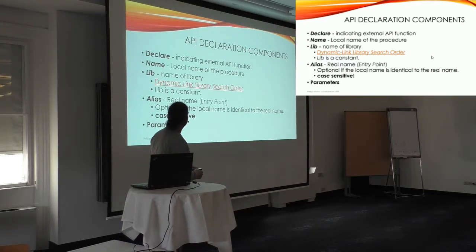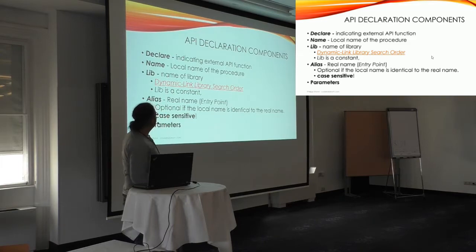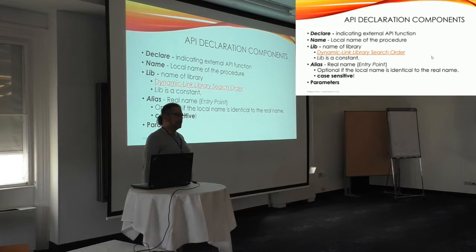That is actually quite important. That is the DLL name, and you can either use the name on its own or the full path to the library. If you just use the name on its own, then the dynamic link library resolution, library search order, will try to find that library.